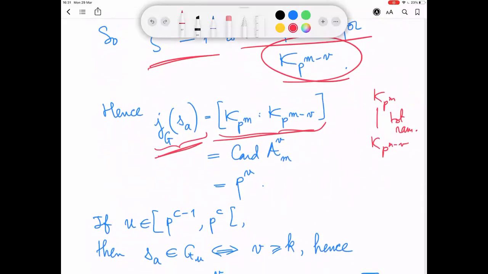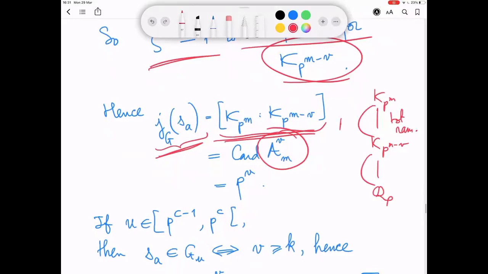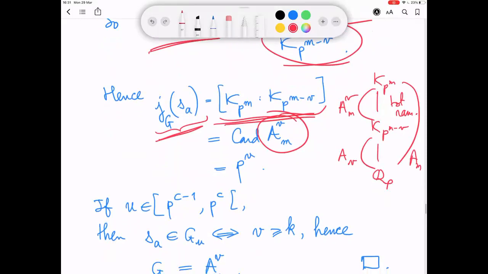And this degree is, of course, equal to the cardinality of this group, because this is a group which is what? a_m^v here. Of course, the whole thing is a_m here. Yeah, and that's the cardinality of this group, right?